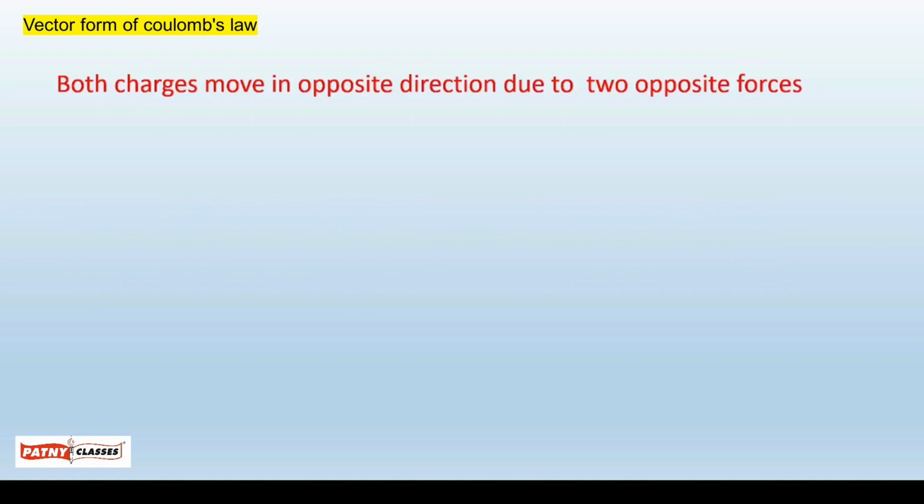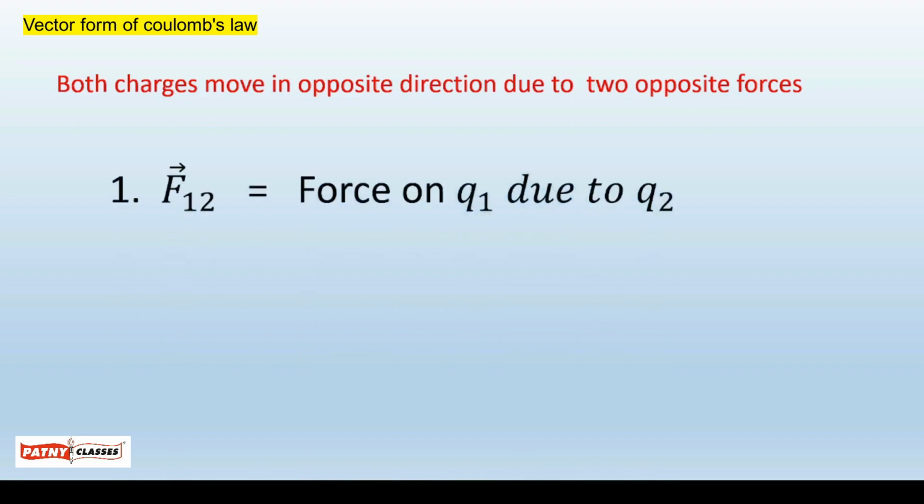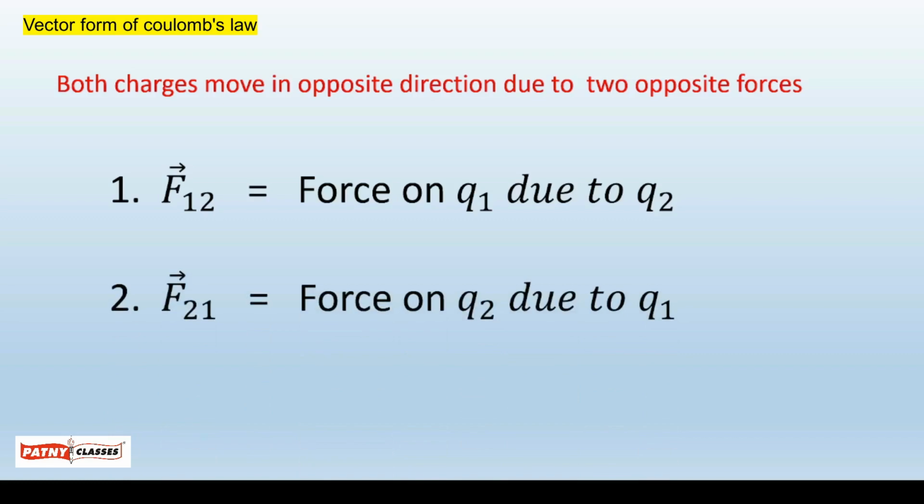Both charges move in opposite directions due to two opposite forces. First, vector F12, the force on Q1 due to Q2, and another force, vector F21, the force on Q2 due to Q1.